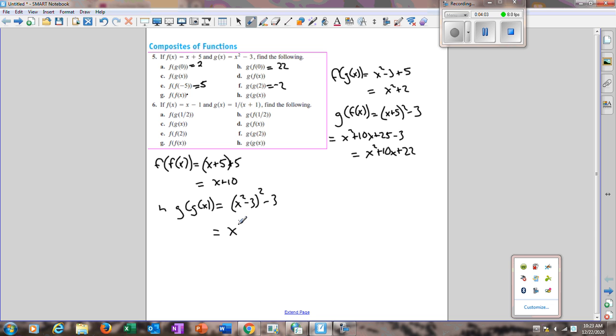It gives me x to the 4th minus 6x squared plus 9 minus 3. So it's x to the 4th minus 6x squared plus 6. So that's it for 5.